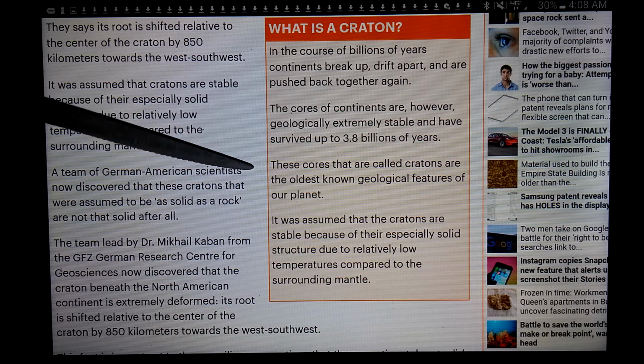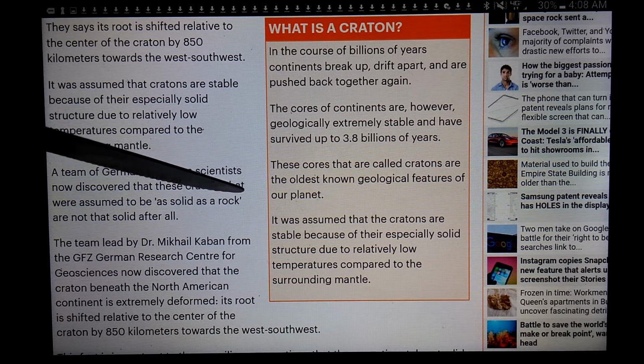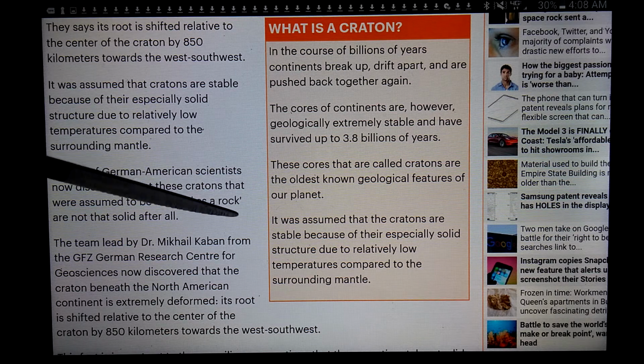These cores that are called cratons are the oldest known geological features of our planet. It was assumed that the cratons are stable because of their especially solid structure due to relatively low temperatures compared to the surrounding mantle. So I'll just leave that up and you can read the rest of the article there on the left. So it's going to be interrupted here, so I'm just going to leave that up until then and then shut it off.